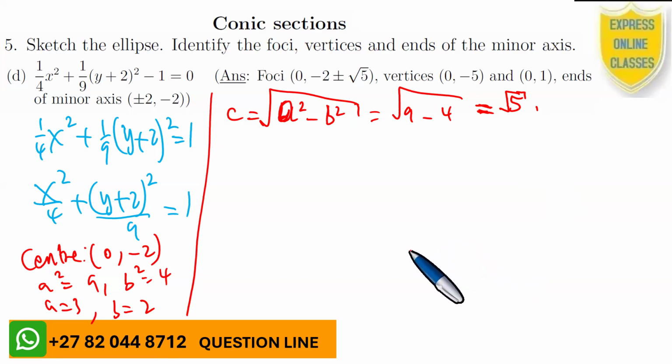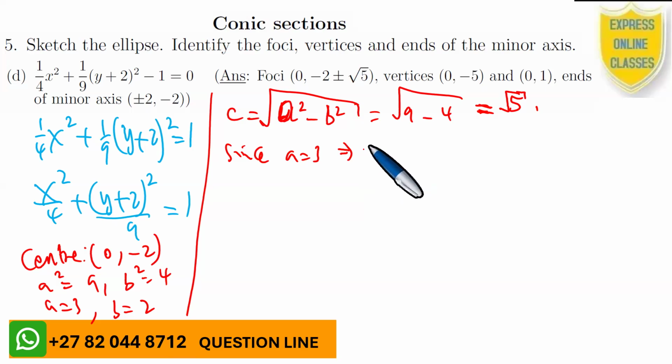Okay, so after you got this one, since a is 3, it means the 3 is associated with the y. It's from below y.